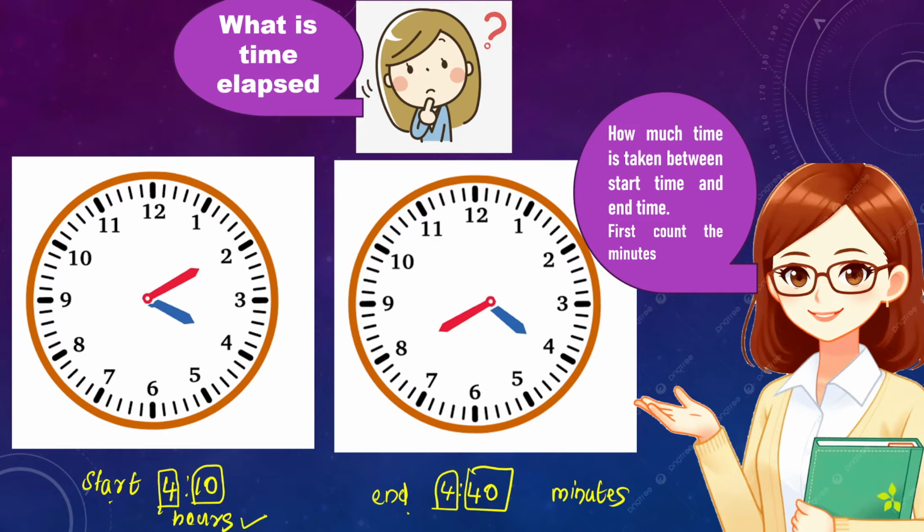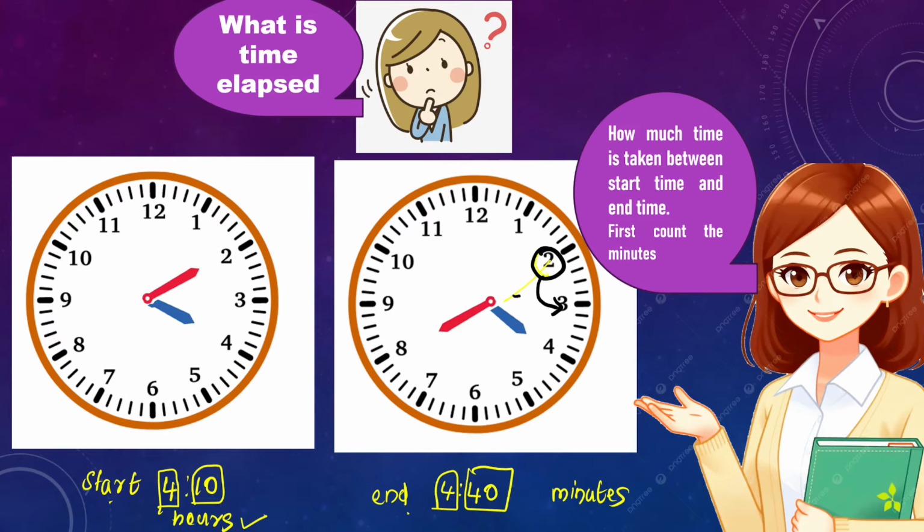The start time is 4:10. From 4:10, how many minutes does it cross to 4:40? Look here, the minute hand was at 2, that is 10. How much time does it cross from 10 to 40?